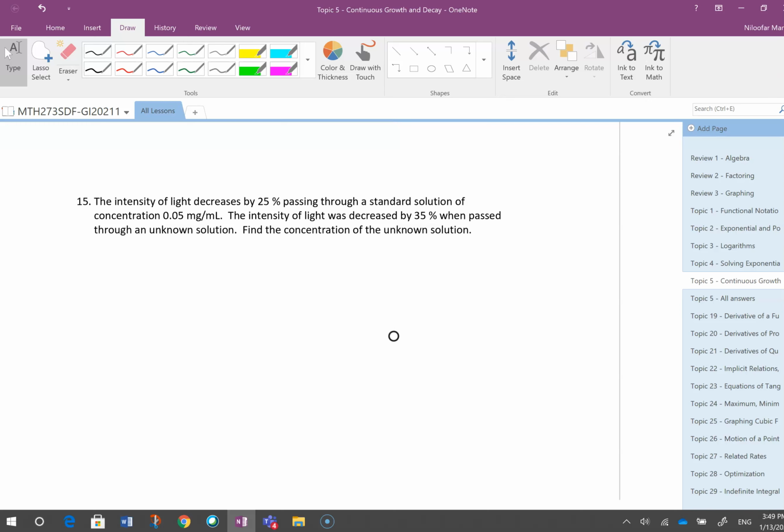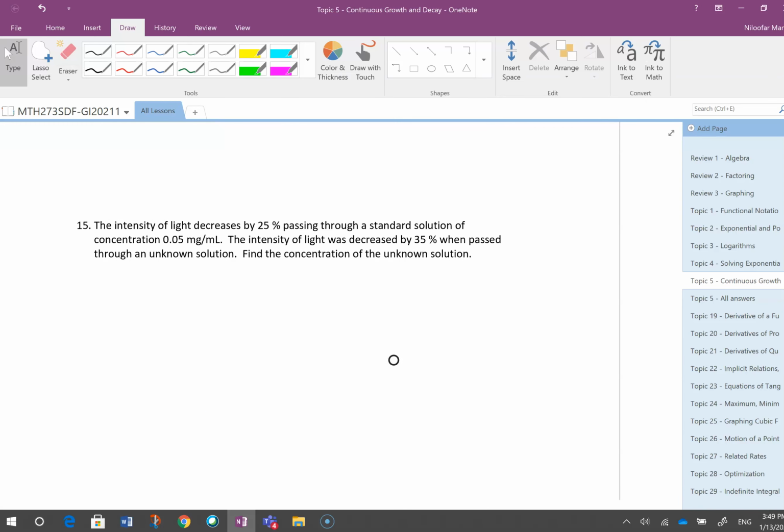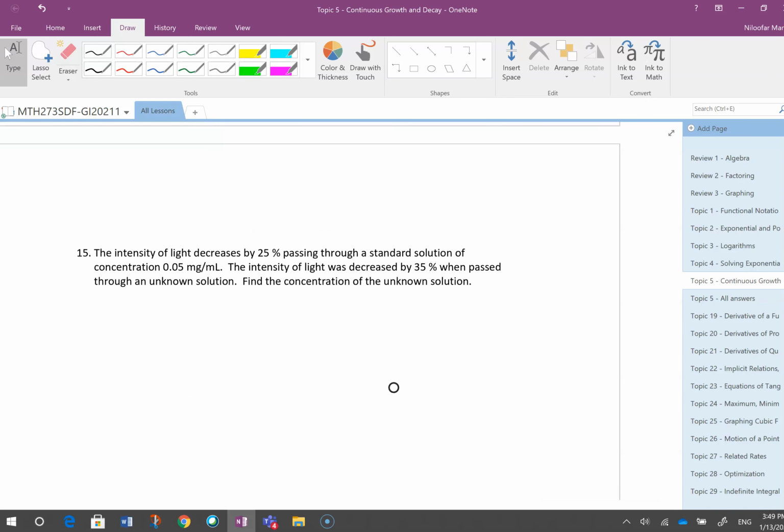The intensity of light decreases by 25% passing through a standard solution of concentration. If you remember, the formula was I equals I0 e power minus kc.